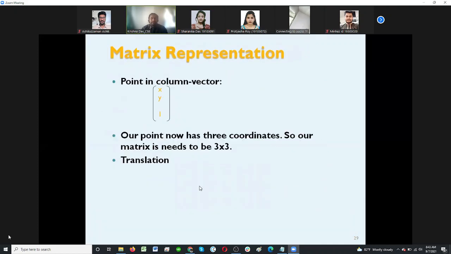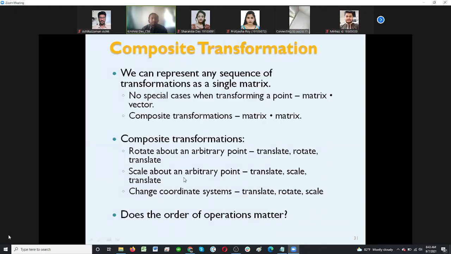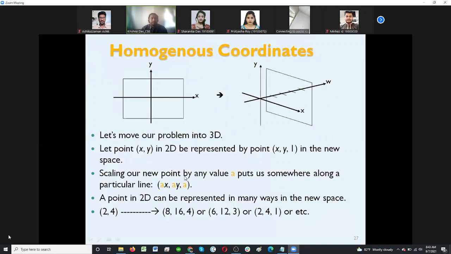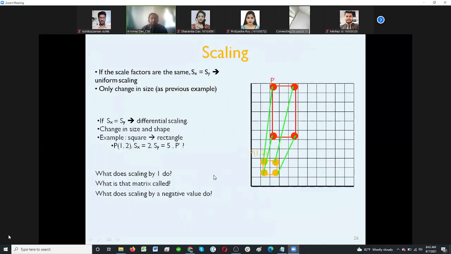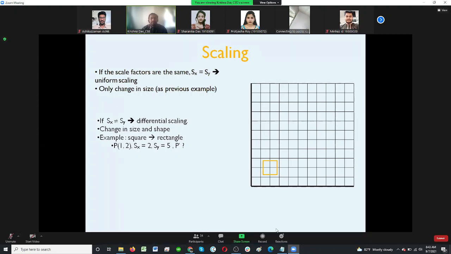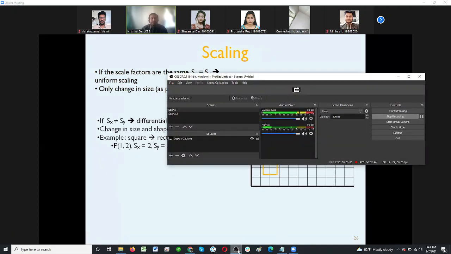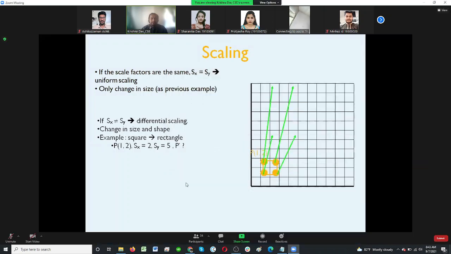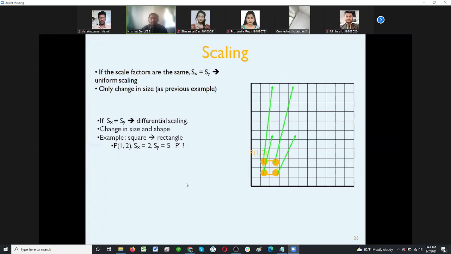So just a quick recap up to this point, because these are relevant for doing composite transformation. One is to understand the homogeneous coordinate. Earlier, we checked in detail the individual functions of translation, rotation, and scaling. Scaling is always a very powerful transformation function, and it has some variation regarding the scaling factor.